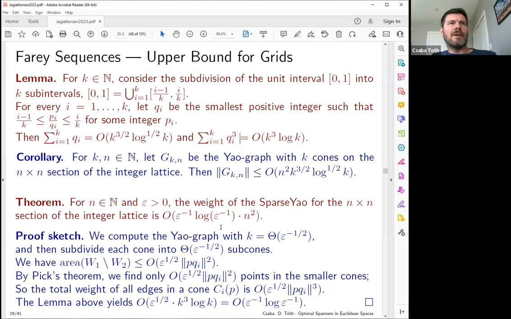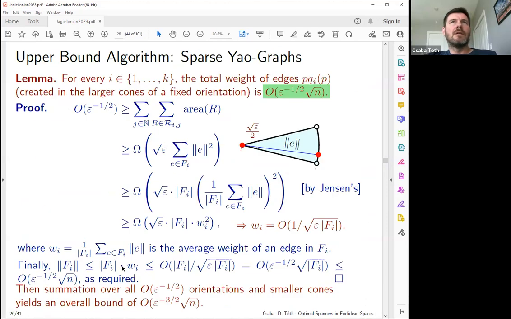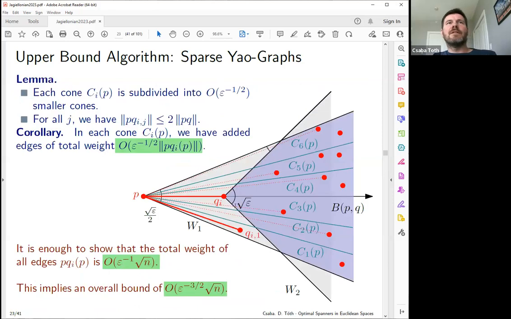So for the upper bound for the grid, just use exactly this algorithm that we talked about, the general point set. And the advantage is that for this area between the two cones, what is this area? Let me just scroll back a few slides. So this area, W1 minus W2, this gray area, is the area where we actually add extra edges in the cone.